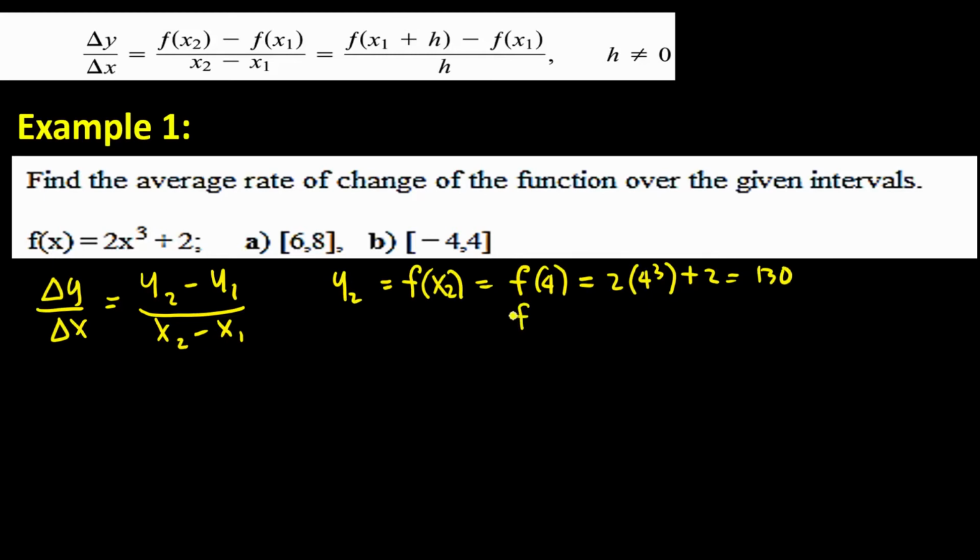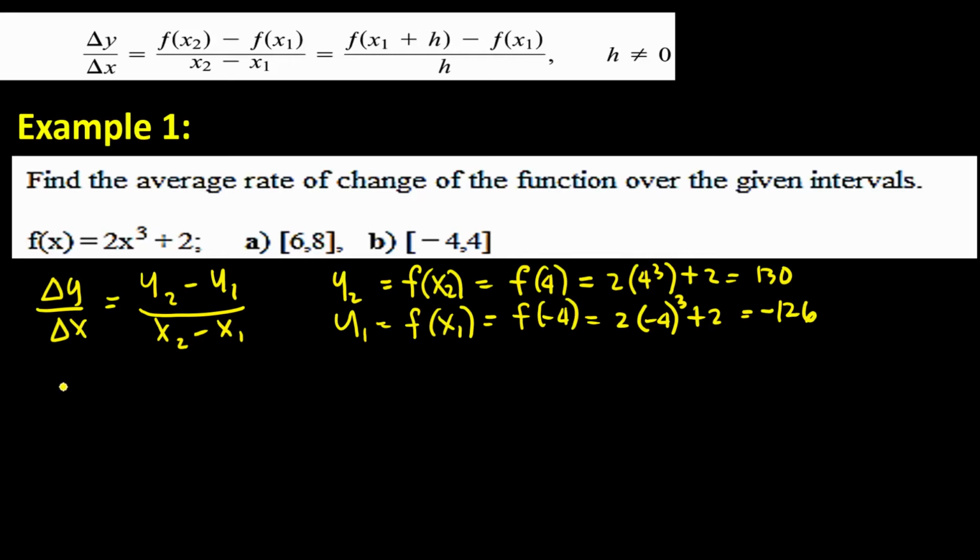And then f of negative 4 is your y1, which is f of x sub 1. So that's 2 times negative 4 cubed plus 2. That's negative 128 plus 2, which would be negative 126.